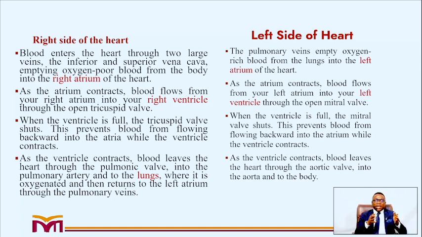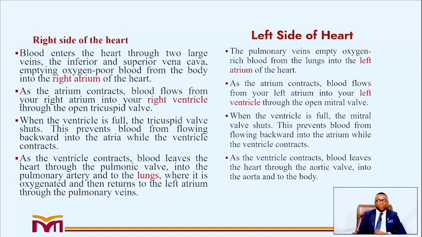So you see, each chamber of the heart gets filled. When the chamber of the heart is filled up, these valves open and blood leaves a particular chamber to the next chamber. Blood from the right atrium, which is rich in carbon dioxide, or deoxygenated blood, is pumped into the right ventricle when the tricuspid valve opens, and then the right ventricle sends this blood into the pulmonary artery when the pulmonary valve opens.